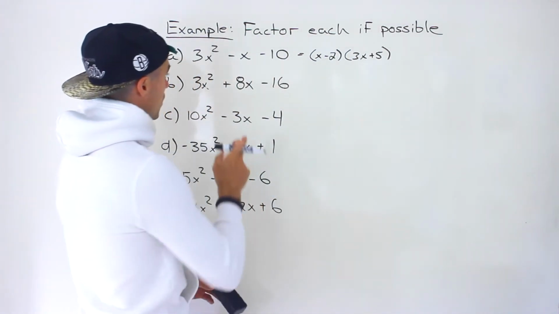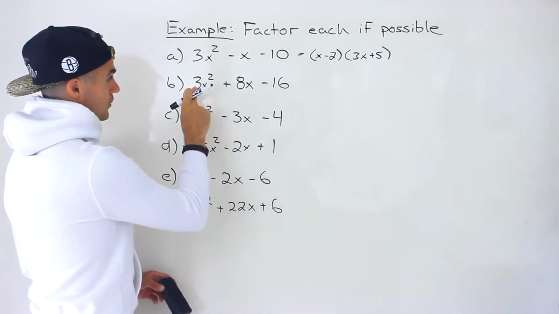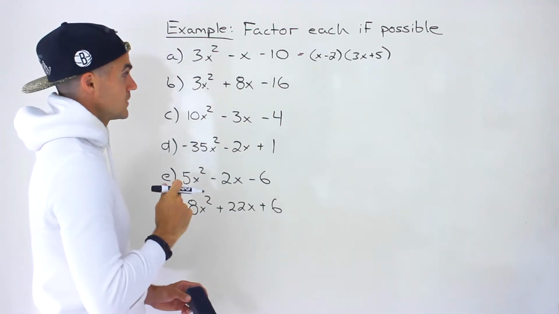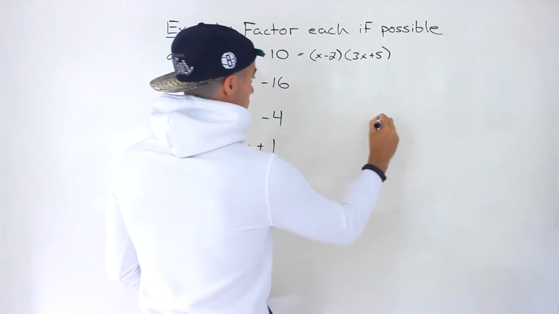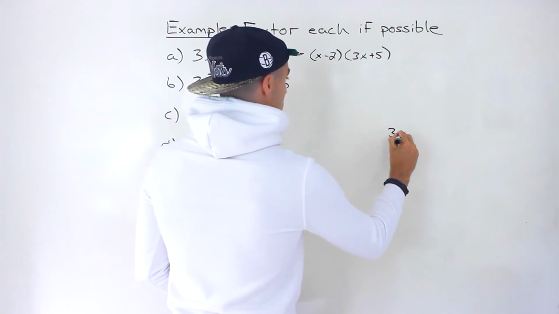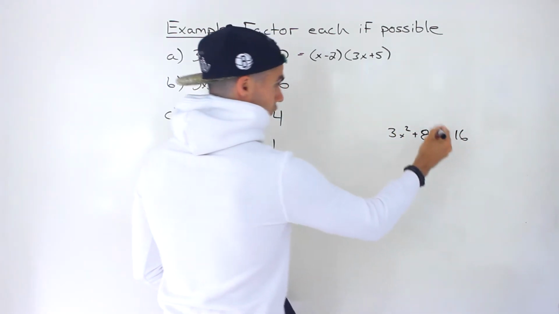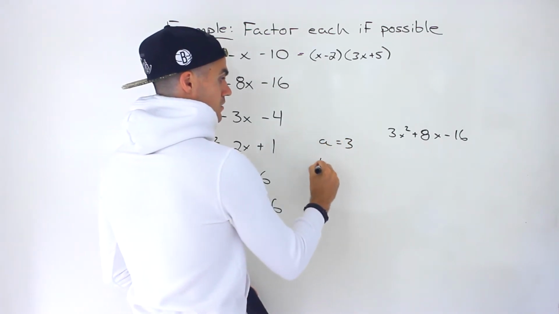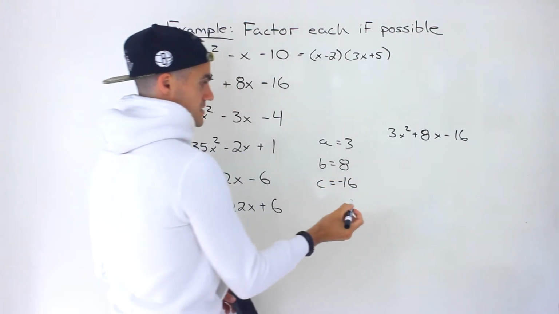Now with part B, again, first thing we check for, greatest common factor. Notice 3, 8, 16, no greatest common factor between those. So let's first rewrite it here. First thing we do, check for greatest common factor. Notice that there is none. So let's see if it will factor by decomposition.